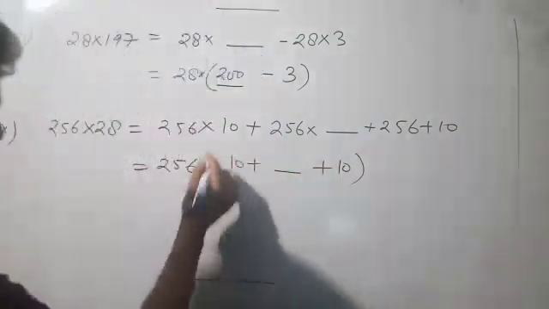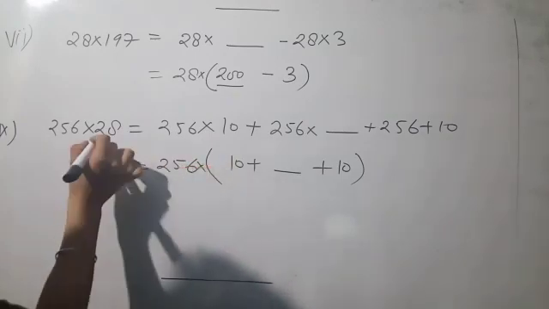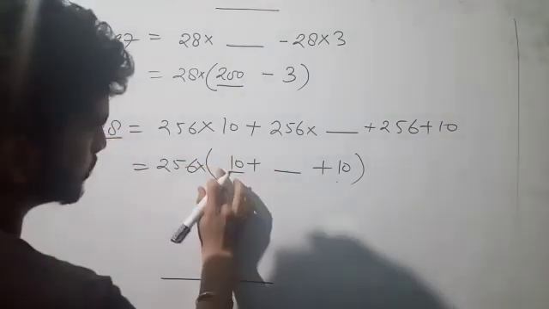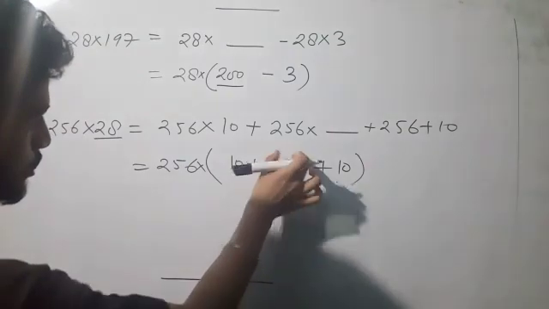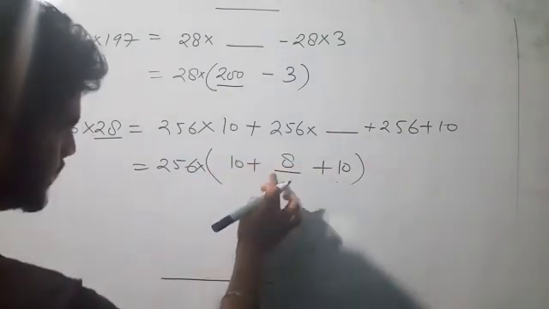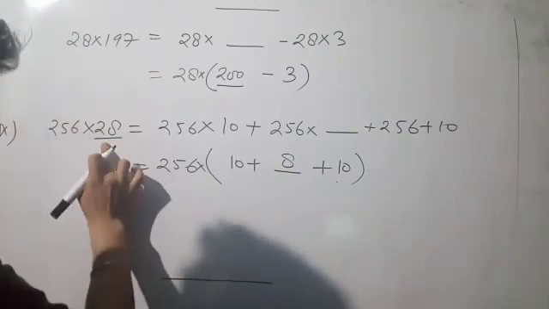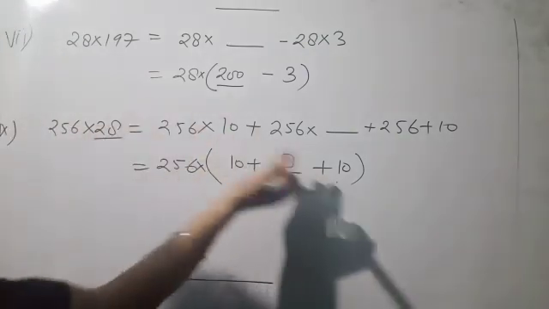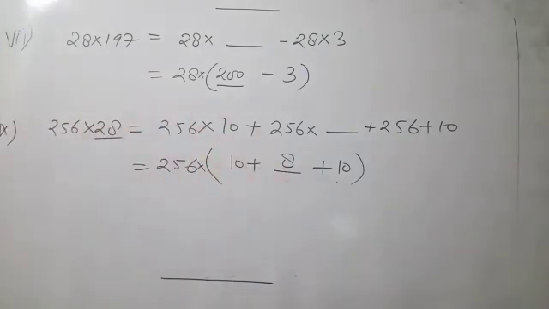For the multiplication of 28, we have 10 plus 10, which is 20. It means the unknown value is 8. For that, 10 plus 10 plus 8 gives us 28 on the left hand side, which is equal to the right hand side. So the property used in this is the property of distribution over addition.